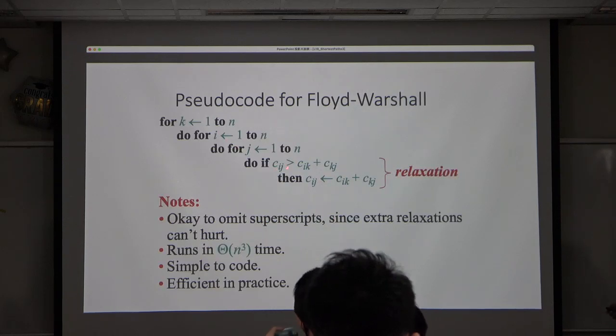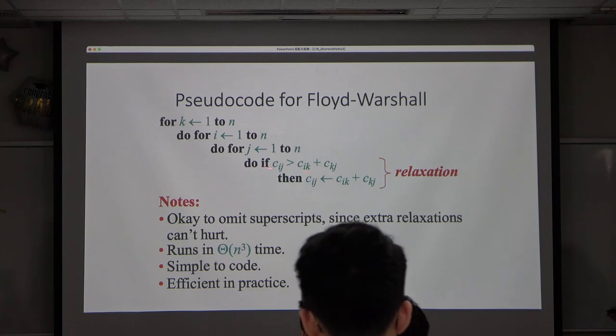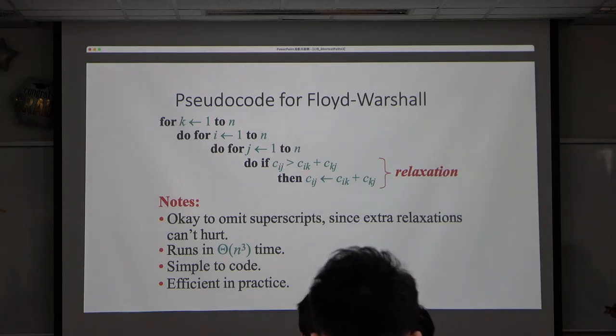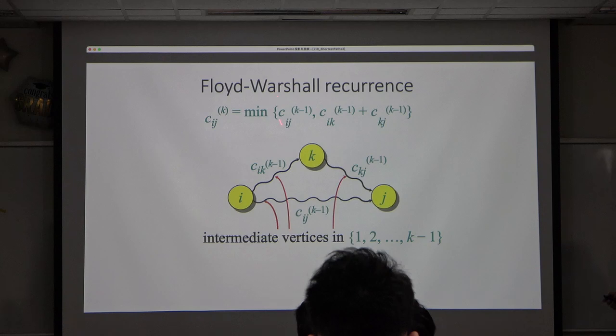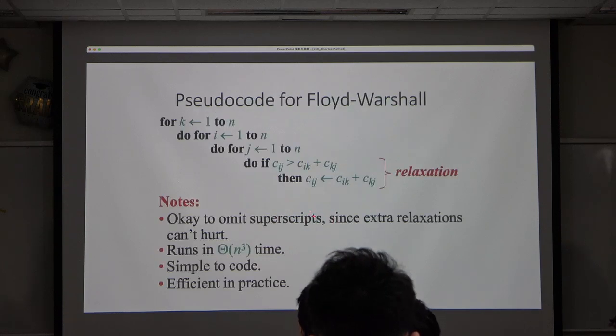We don't need a k there, because k will be done implicitly. If the condition Cij greater than this is met, then we replace Cij with this one. If the condition is not met, we just use Cij(k-1). So basically that's it.